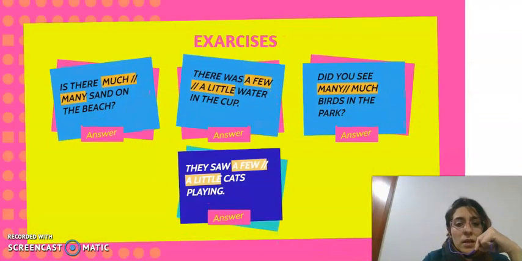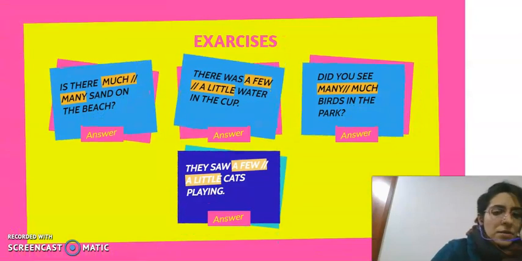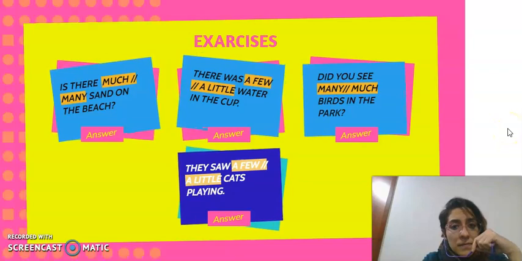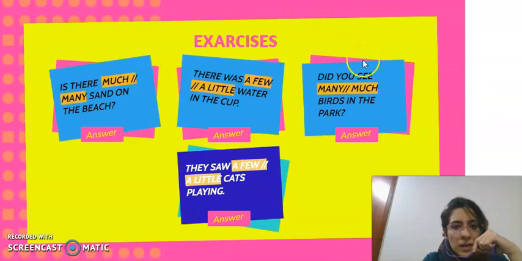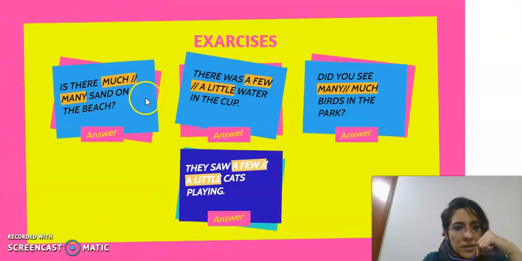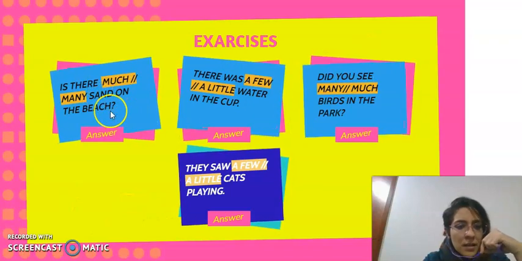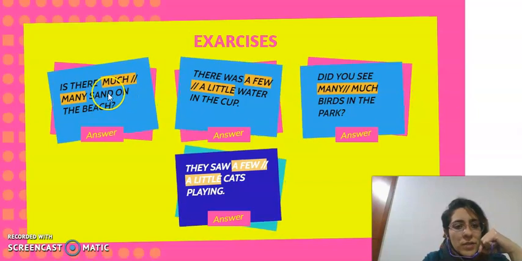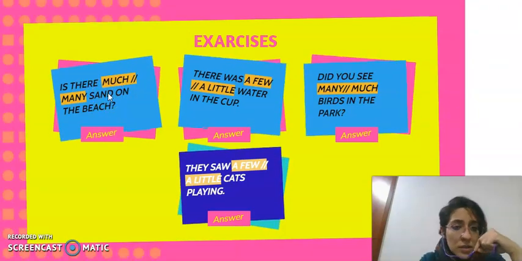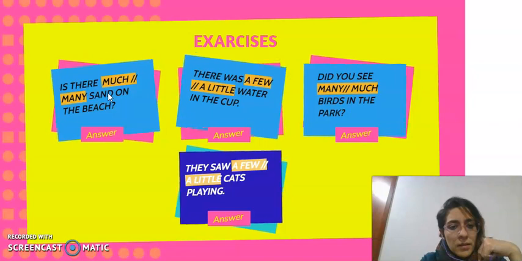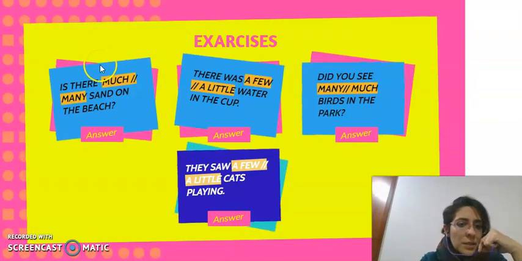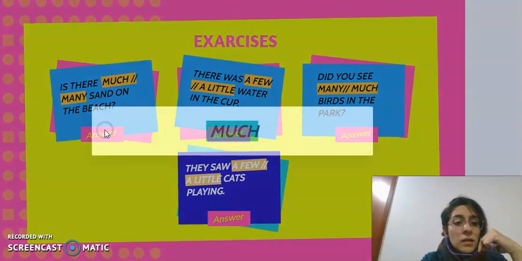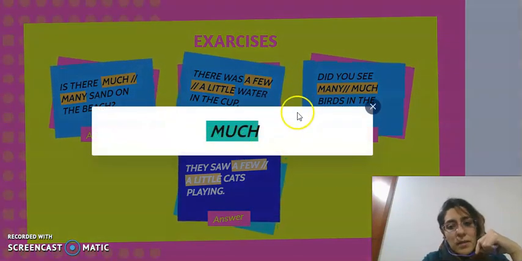Okay, we have here some examples for exercise. In this case, is there much or many sand on the beach? Remember what we said about sand, is it countable or uncountable? Yep, uncountable. So what we use is much.